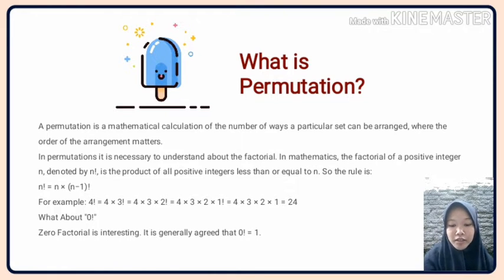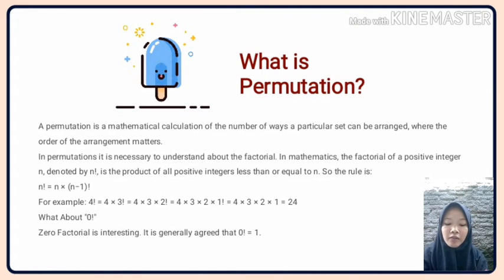In permutation, it is necessary to understand about the factorial. In mathematics, the factorial of a positive integer n, denoted by n factorial, is the product of all positive integers less than or equal to n. So, the rule is n factorial equals n times (n minus 1) factorial.